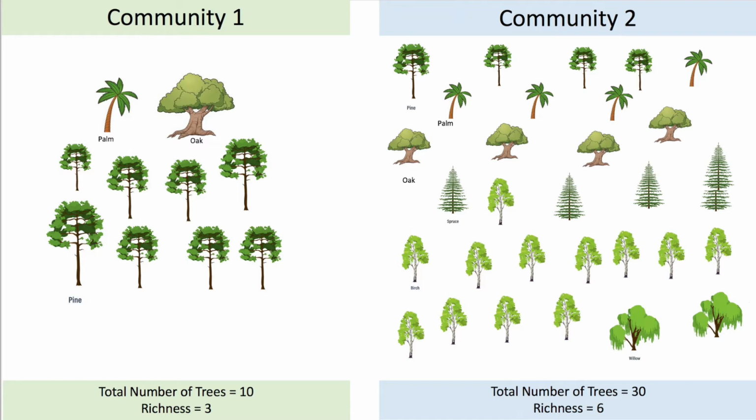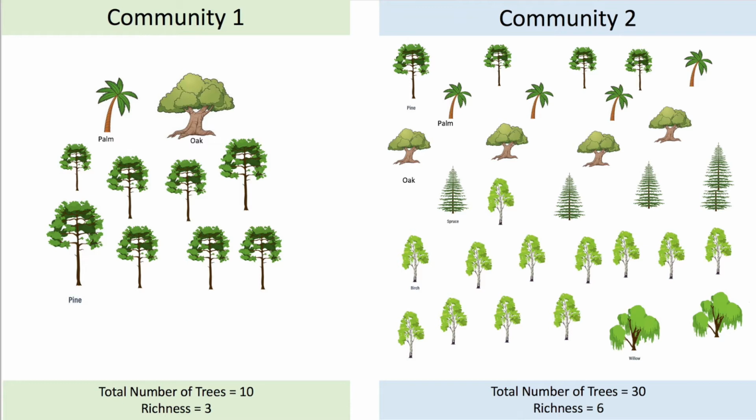On the surface, it looks like community number 2 has higher richness because there's 6, and community 1 only has 3 unique types of trees. But some ecologists would say that this is an unfair comparison because community number 2 has so many more total trees than community number 1. Community number 2 has 30 trees, almost 3 times as many trees as community number 1.